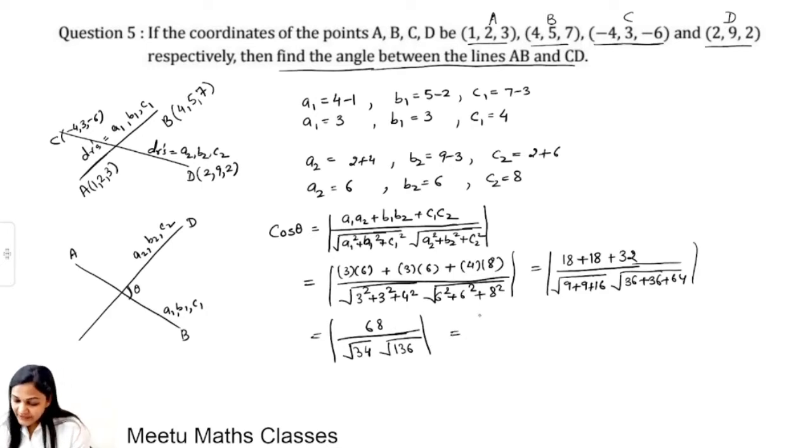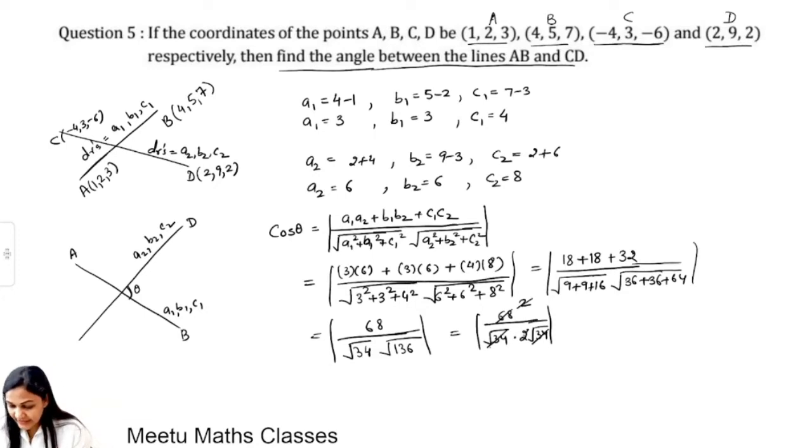Now this will give you 68 root 34, and 136 can be factored so that 2 can be taken out, 2 root 34. Root 34 into root 34 will become 34, and 34 twos are 68.